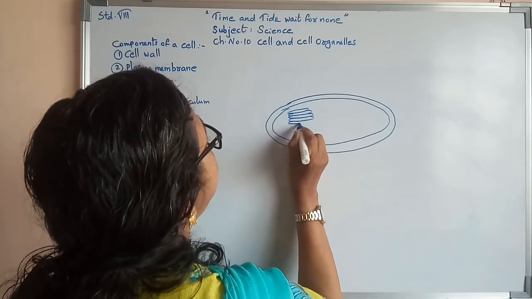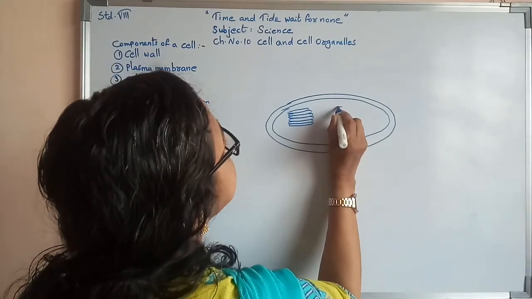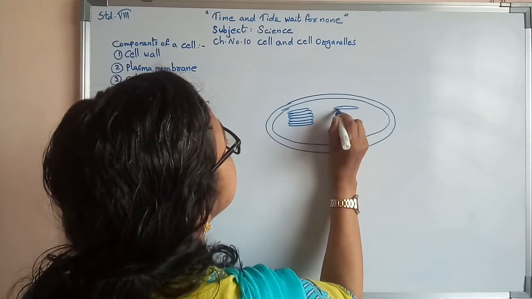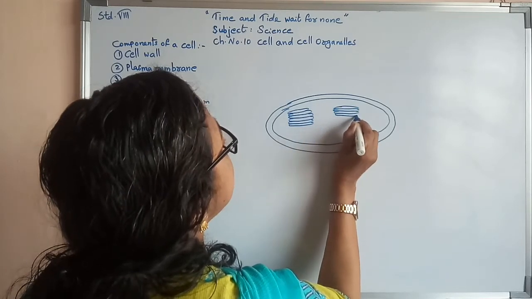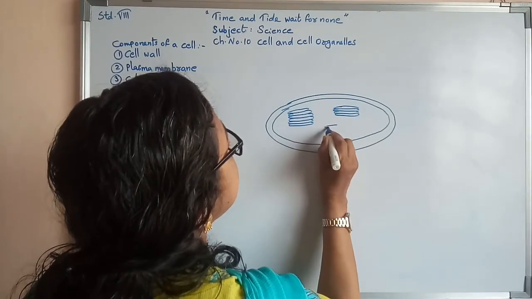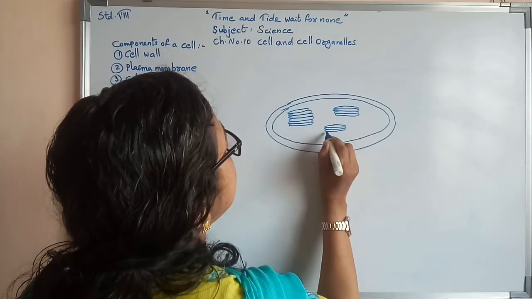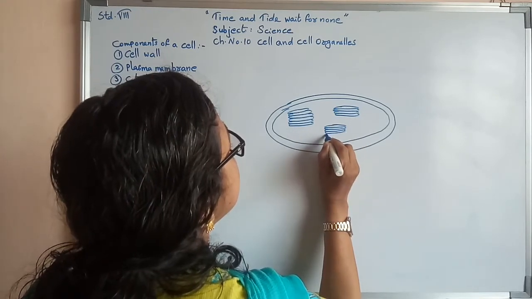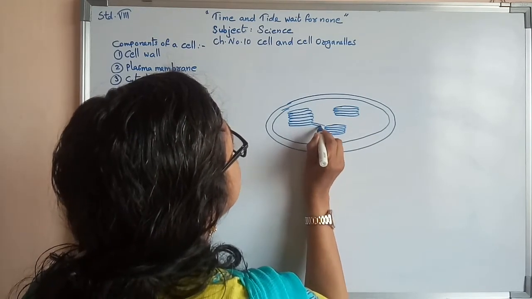We can say that they are like coins kept one above the other. That is how the structure is. They are joined with each other.